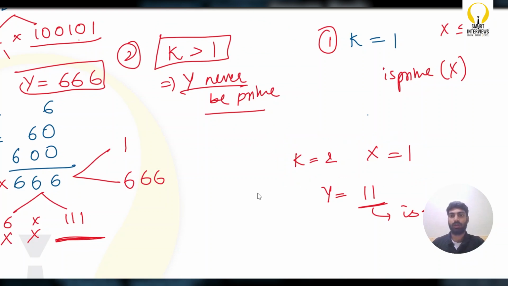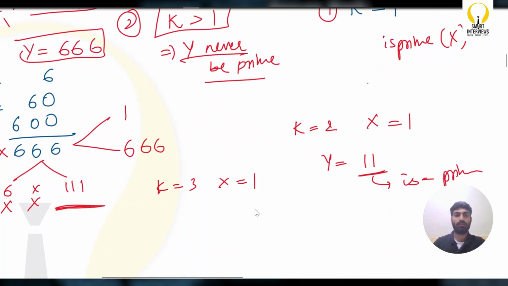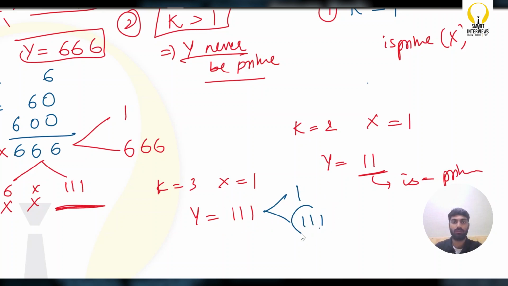No, even for k equals to 3 and x equals to 1 we will have 111 as y. To check if 111 is prime or not, if it is prime, that means it should have only two divisors. One is 1, other divisor is 111. Is there any other divisor for 111?